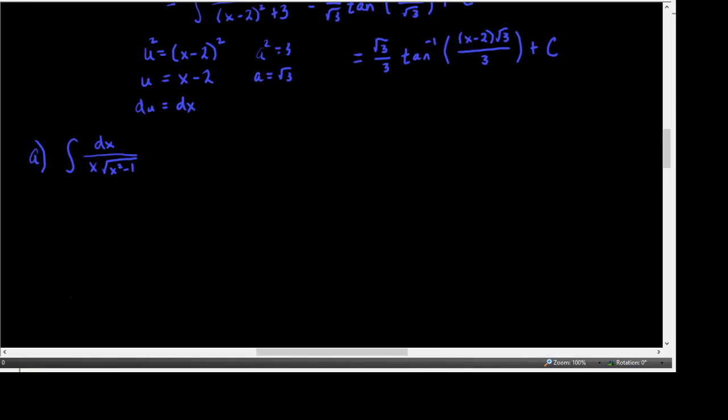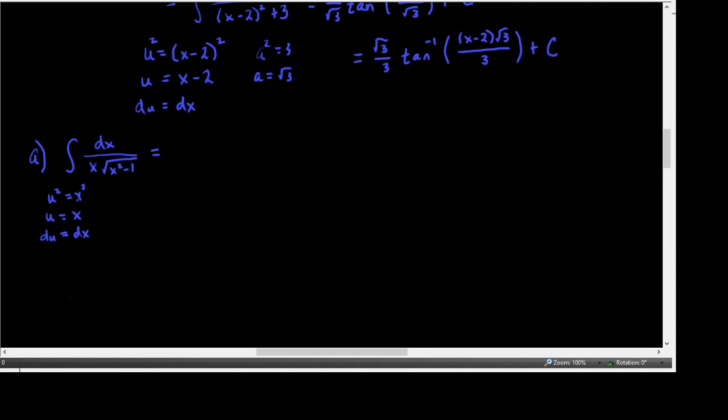That looks to me like number 20. So our u squared is x squared, so u is equal to x. du is dx. And notice that I do have x in front of that radical as I'm supposed to, and I do have the dx, so no introduction of constants is necessary.